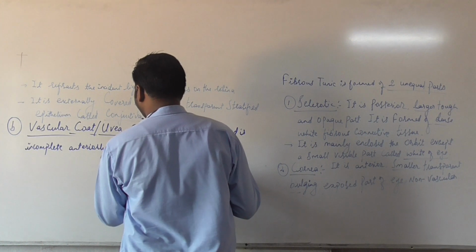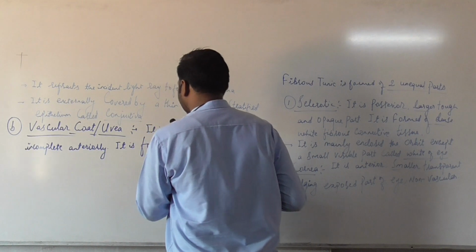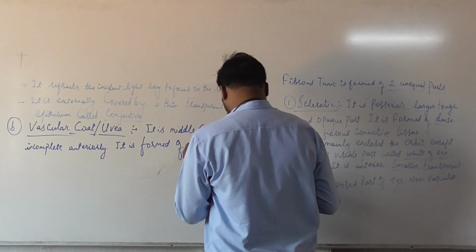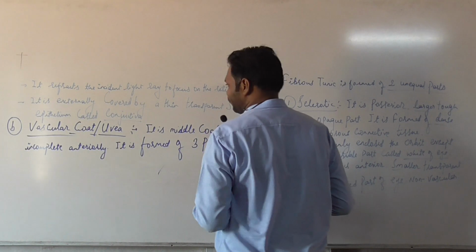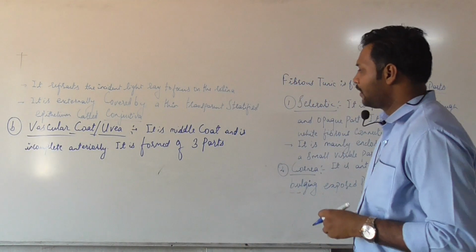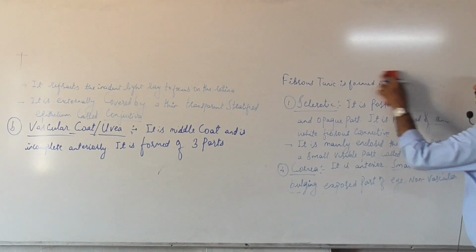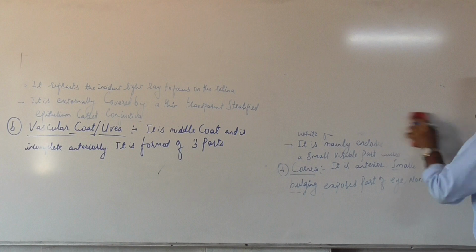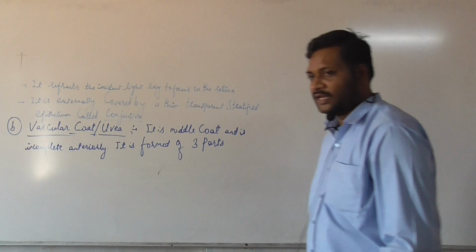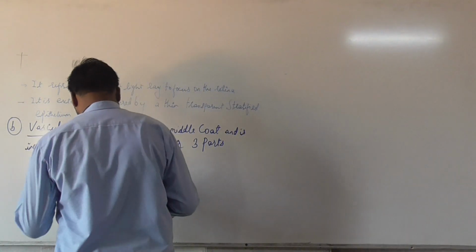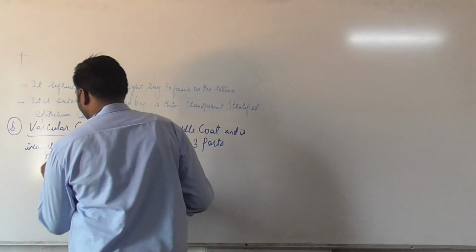And it is formed of three parts. Let's see the first part, that is the choroid.